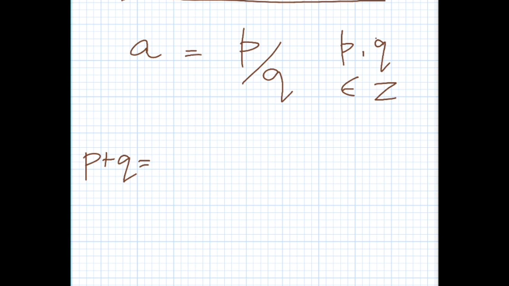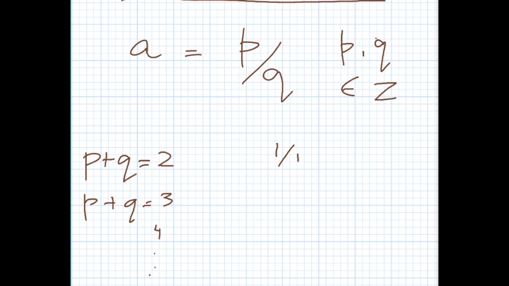So here we will say P plus Q is equal to 2, and we will say P plus Q is equal to 3 and so on. So now I'm going to list all the rational numbers, thinking of only positive rational numbers right now, for which P plus Q is equal to 2. There is only one rational number like that, which is 1 over 1.